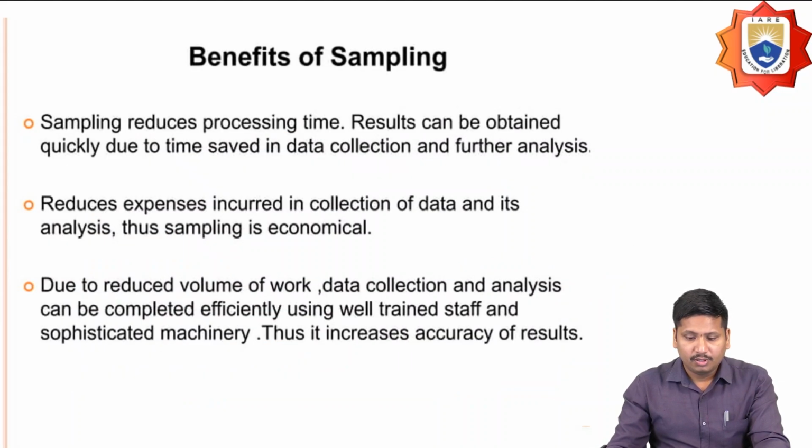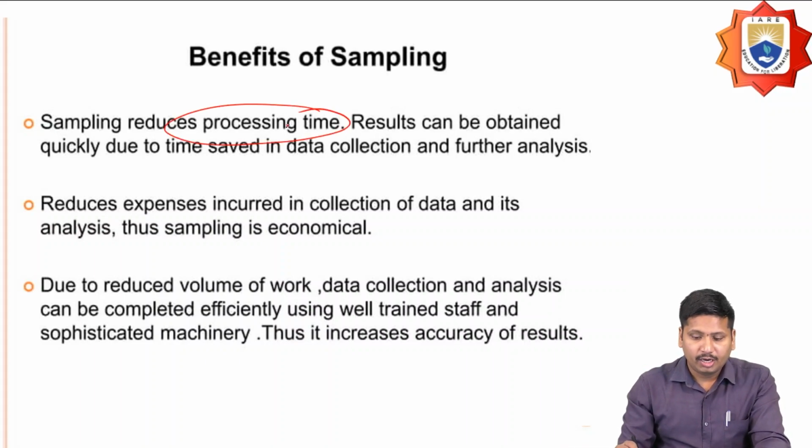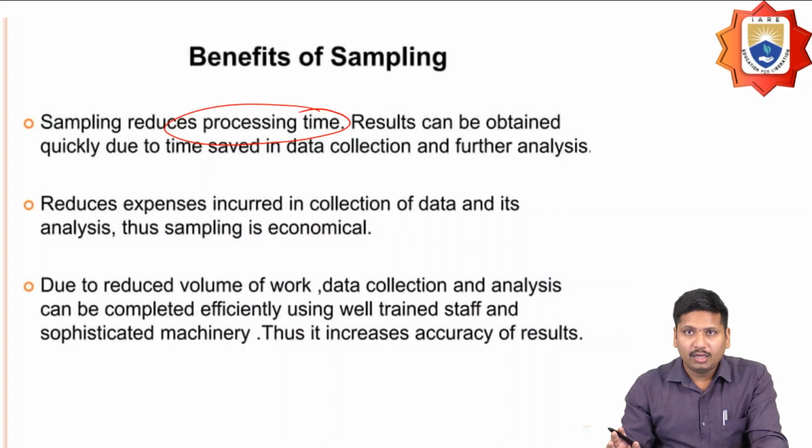Next, what benefits can we obtain through sampling? Sampling reduces the processing time, which is the main advantage. The results are obtained quickly, saving time in data collection and further analysis.